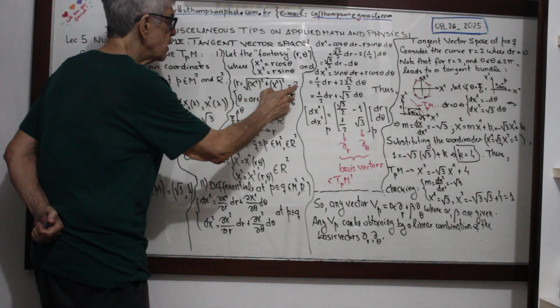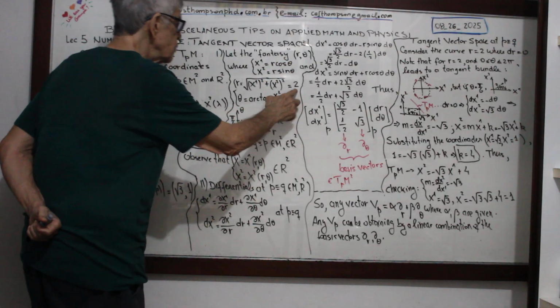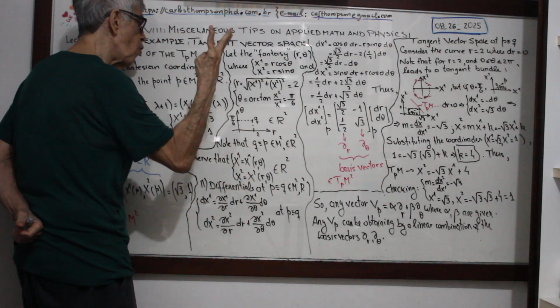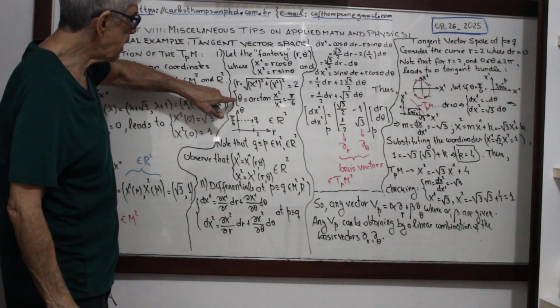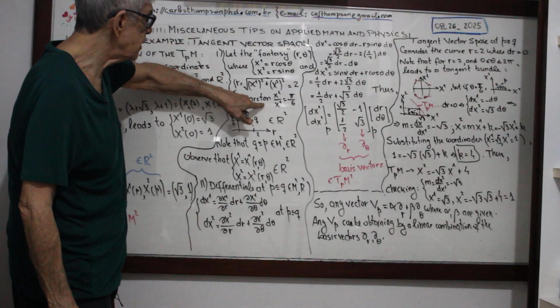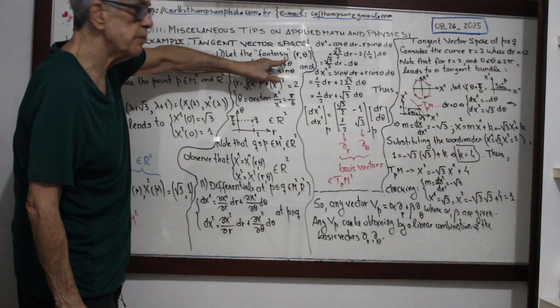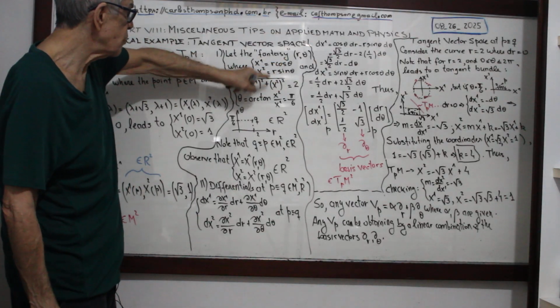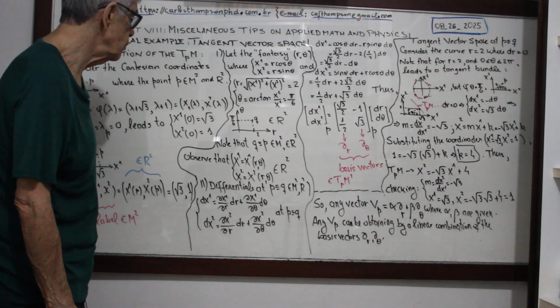Just squaring, I eliminate theta and get R squared equal to 4, so R is 2. On the other hand, the angle theta is arctan of x2 over x1, which is just sine divided by cosine because you cancel R. This corresponds to pi over 6.